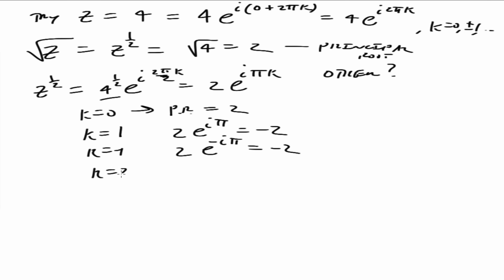What about k is equal to 2? Well, that's going to be 2 e to the i 2 pi, which is again back to 2. So we see that the root of 4 is going to be plus or minus 2, which is a familiar result. And these are the two roots in the complex plane now.